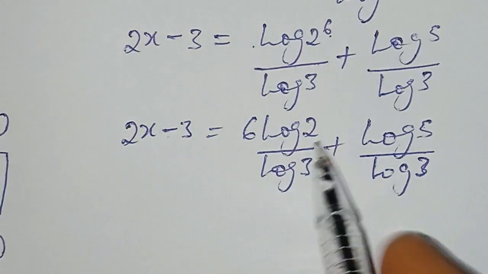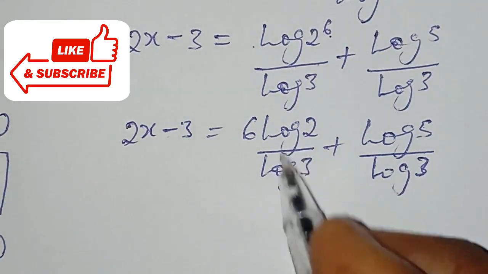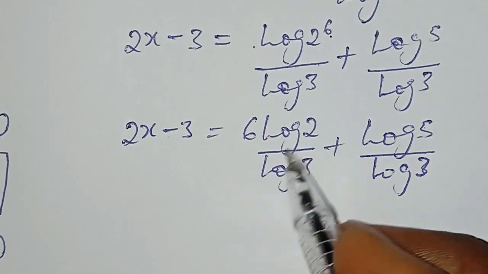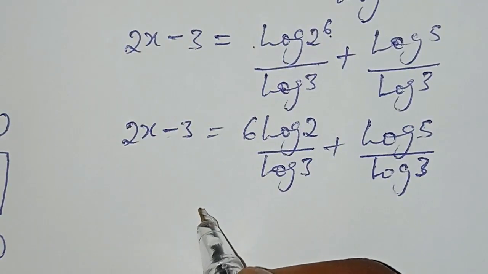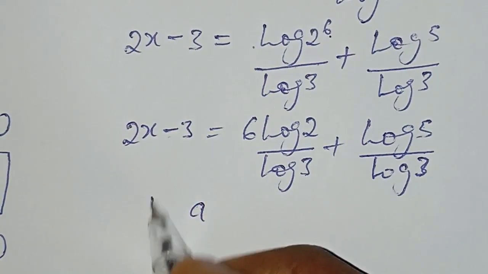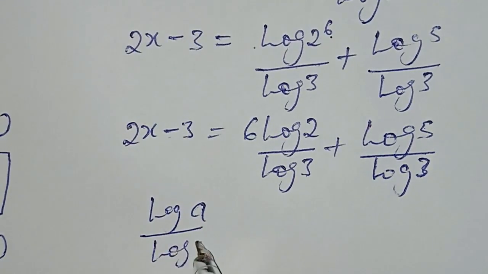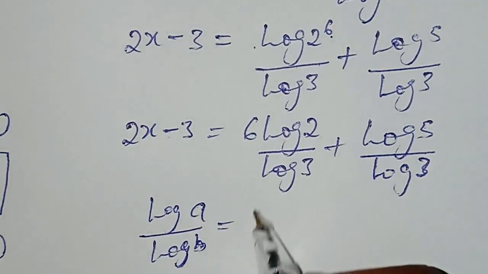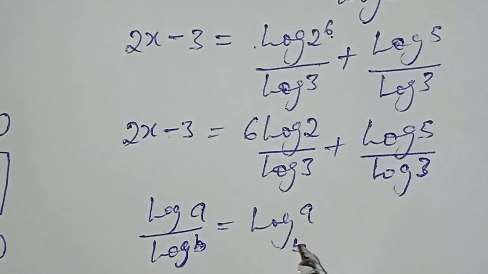Now from here, considering this part and this, we can simplify it using the change of base identity, which implies if we have log a over log b, we can change that as log a to the base of b.